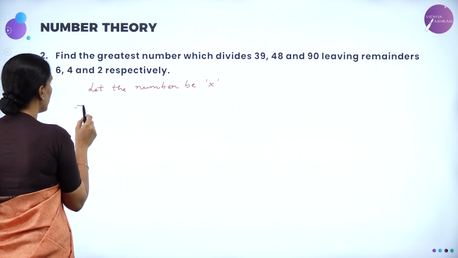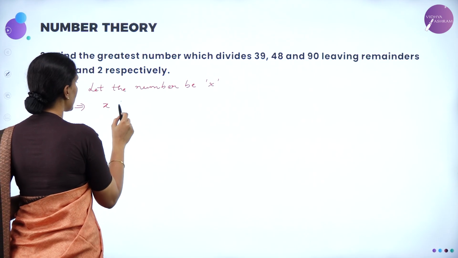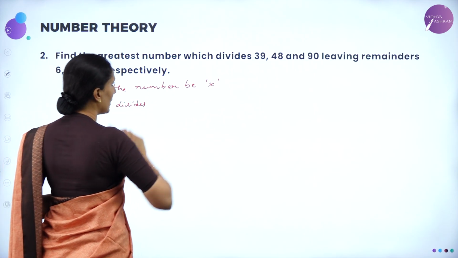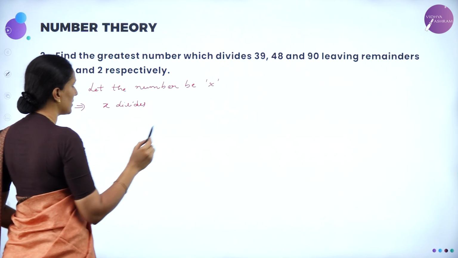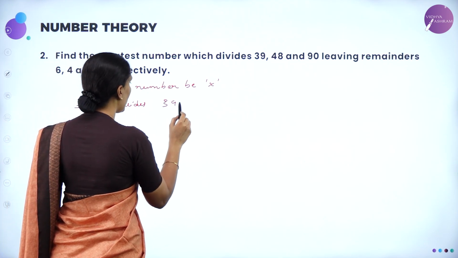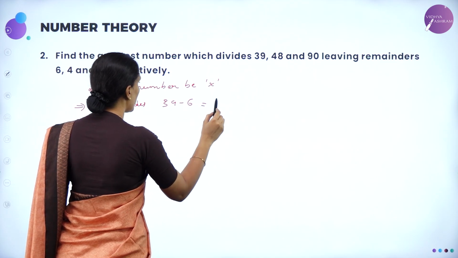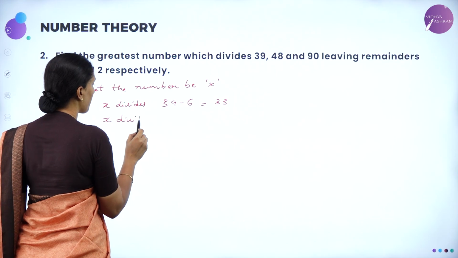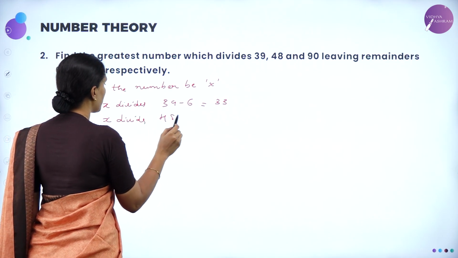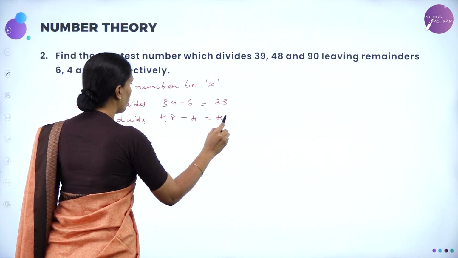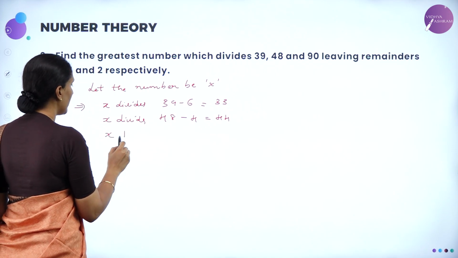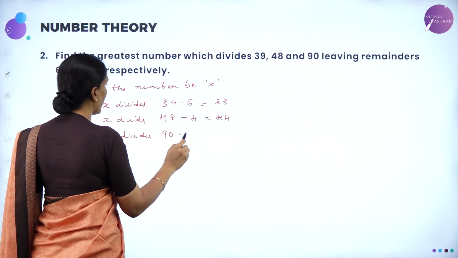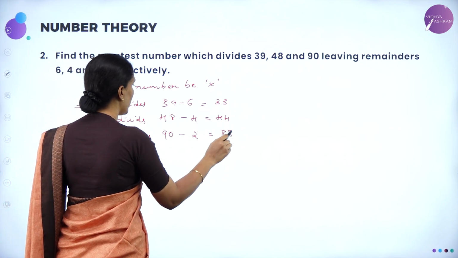Then from the given condition, x divides 39, leaving the remainder 6. That means x divides 39 minus 6, which is equal to 33. Similarly, x divides 48 minus 4, which is equal to 44. And similarly, x divides 90 minus 2, which is equal to 88.